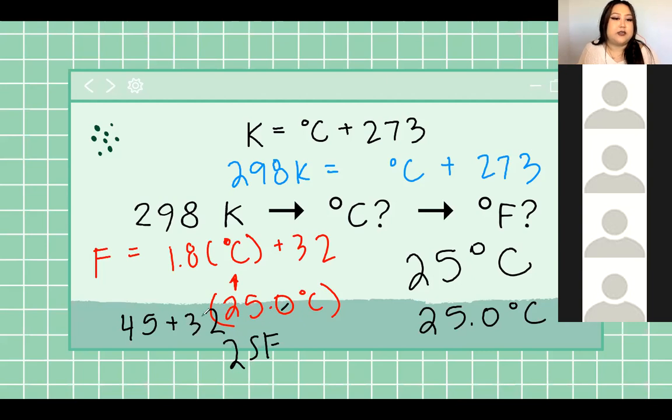Since they both don't have any decimal spots, it doesn't matter. So 77 degrees Fahrenheit is right. It just happens to end up the same one. Does that make sense?